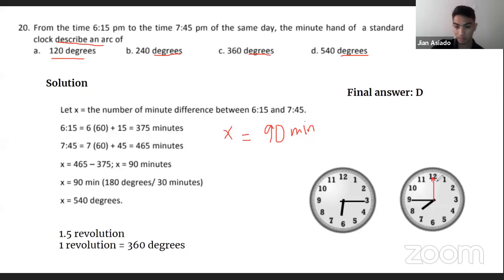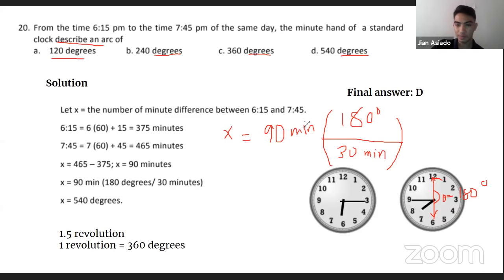Pag makalipas ang 30 minutes, nasa baba ka na. Pero yung trinavel na time dito, yung theta nito, is 180 degrees. So, 180 degrees and 30 minutes.